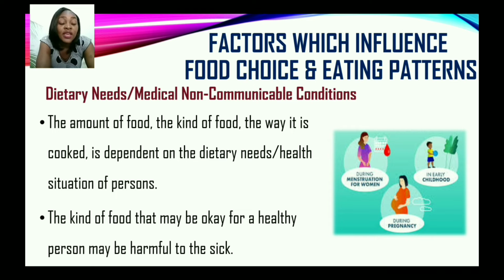For instance, if someone say is obese, right, they may want to stay away from foods that are fried, good, whereas if someone has anemia, they want to consume foods that are rich in iron and vitamin C. So based on the dietary needs or the medical non-communicable condition someone may have, their food choices will differ.